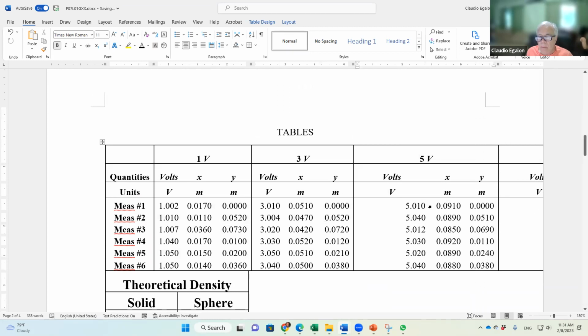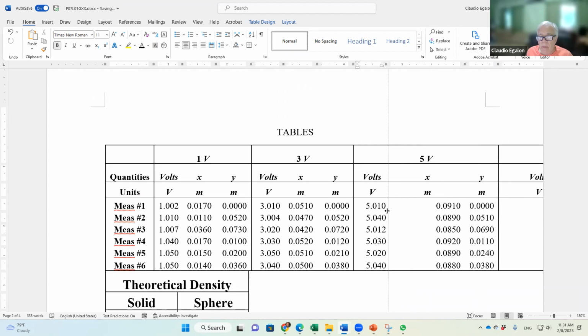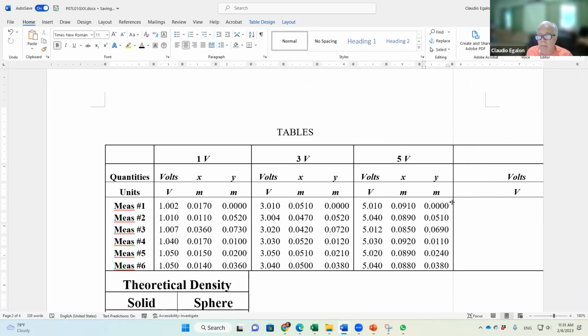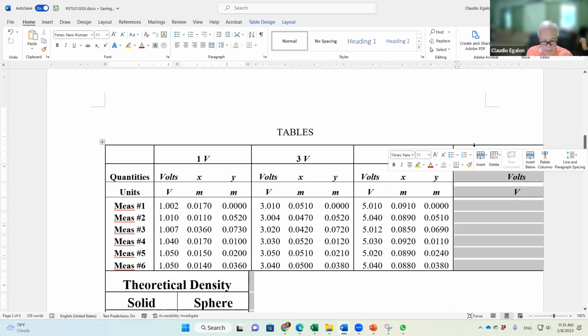We're going to start with this column here. Now I can move it. Now, what about this one? I've got to do something about that. It's not deleting it. Strange.